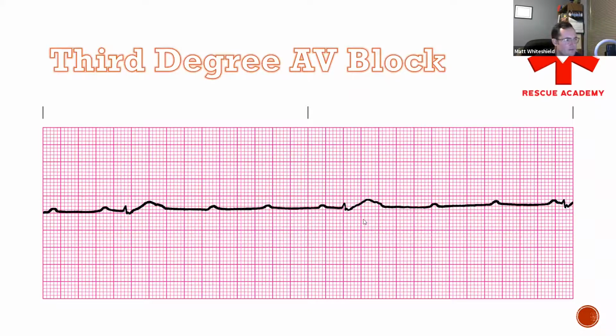Now, again, if we take a piece of paper and we mark these P waves, will they correlate together? That's the whole game. The only reason why I wouldn't say this is a second degree block, and some of you are saying that this is a second degree type 2, is the PRIs are changing, right?